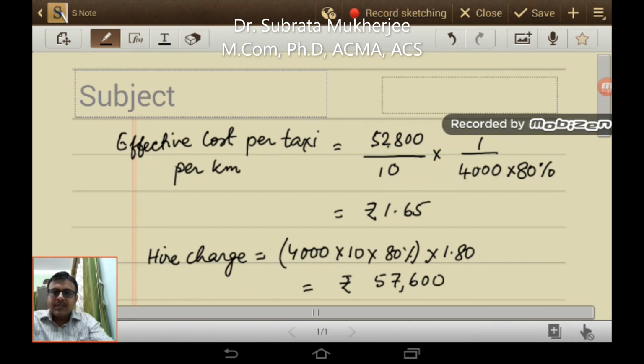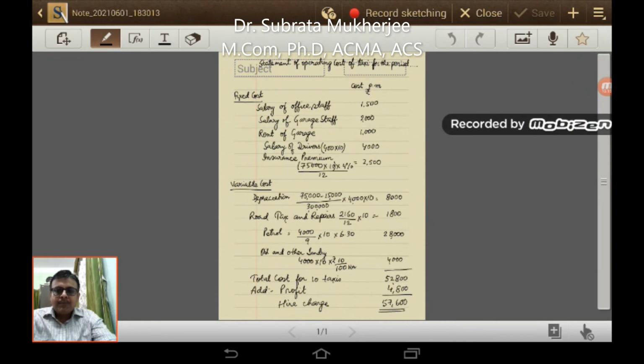So 4,000 into 10 into 80% into 1.80. The hire charge is given in the question. This is 1.80 per kilometer. So 57,600 is the total hire charge collected by Mr. Khan. So I have put the hire charge 57,600 and the balancing figure represents the amount of profit, that is 4,800.